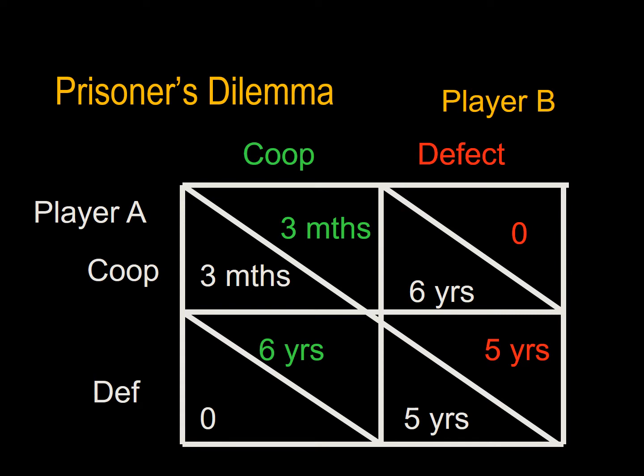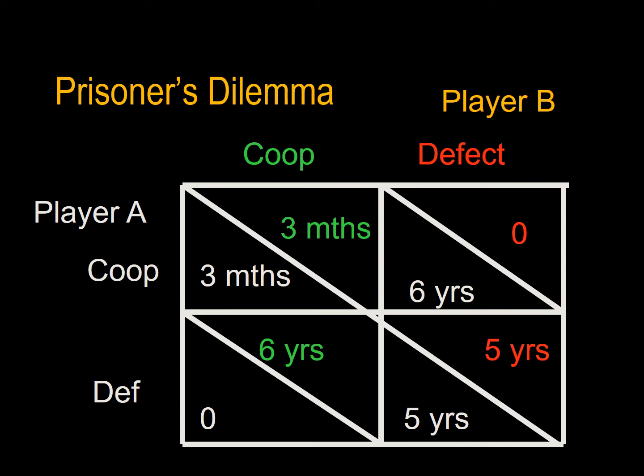Now, this strategic form is meant to represent a situation where two individuals or more go to rob a bank. But before they can rob a bank, they're caught, and then they're isolated. And so there's no actual robbing of the bank, but there could be intent to rob the bank.